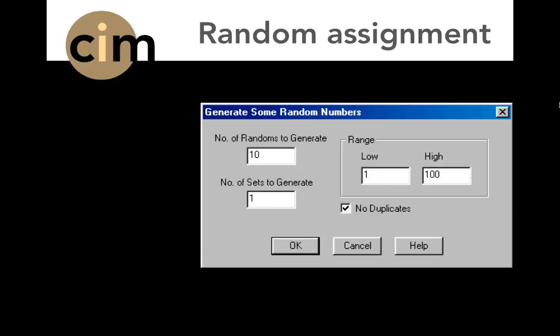You only want one set because you're only going to have an experimental group. The range represents the number of students in your class. So if you have 54 students and there are 54 numbers, the low would be 1, the high would be 54. As soon as you hit that, the computer is going to randomly give you 10 numbers out of the 54, or in this case, out of the 100 students who were part of that bigger group.